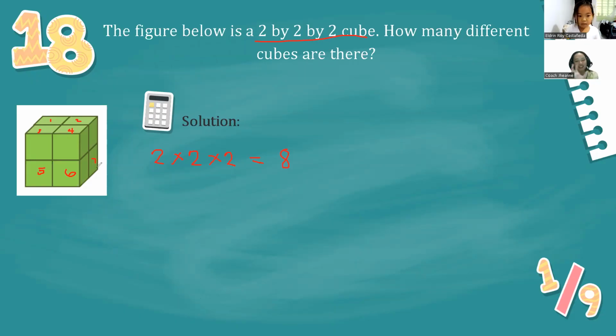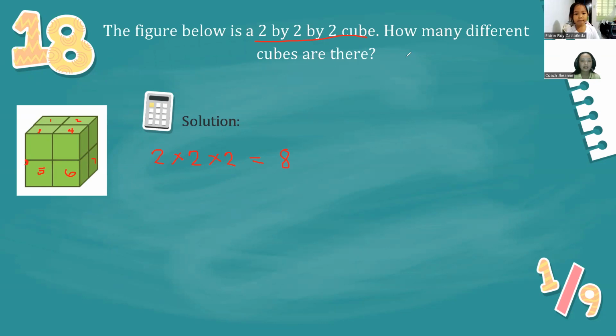And if we rotate it so that we can see, we have 7, and at the back of 5, we have the 8th cube. You can just imagine the cube. But it says here how many different cubes are there.